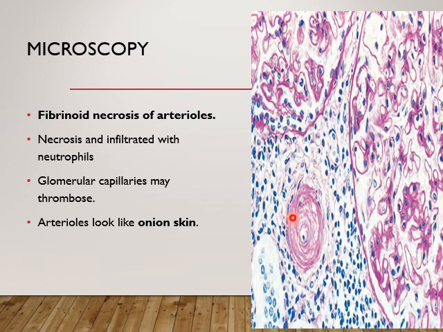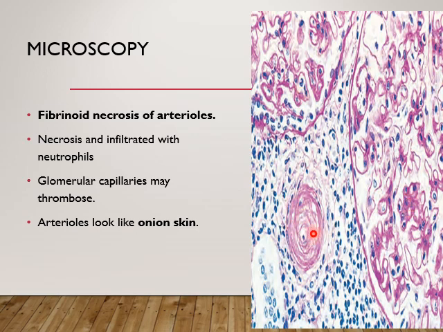The sclerosis is nothing but the entire arterial wall being replaced by smooth muscle fibers and collagen or even the basement membrane matrix, which will be deposited in the form of concentric laminations, giving an onion skin appearance to these arterioles. Even the glomerular capillaries will show the presence of some thrombosis because of the activation of platelets and coagulation factors.